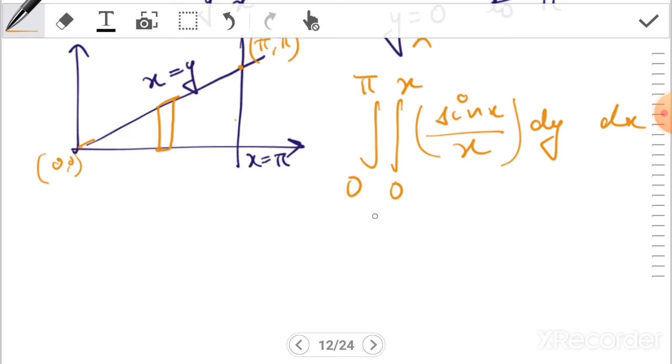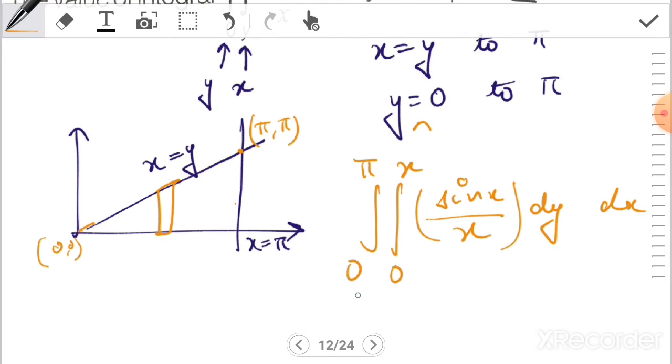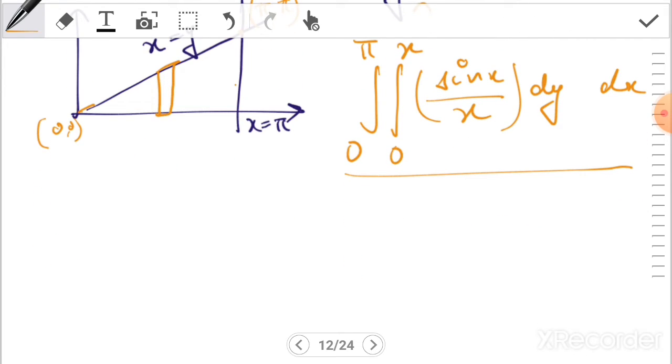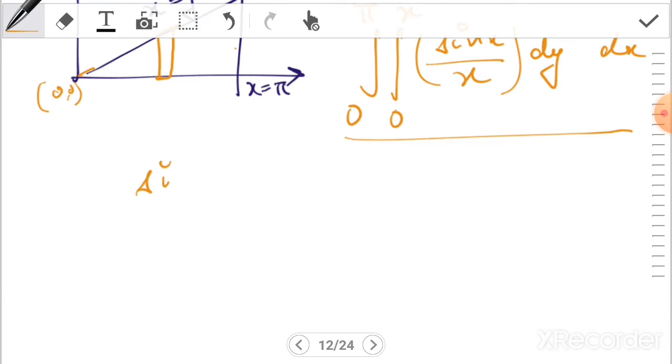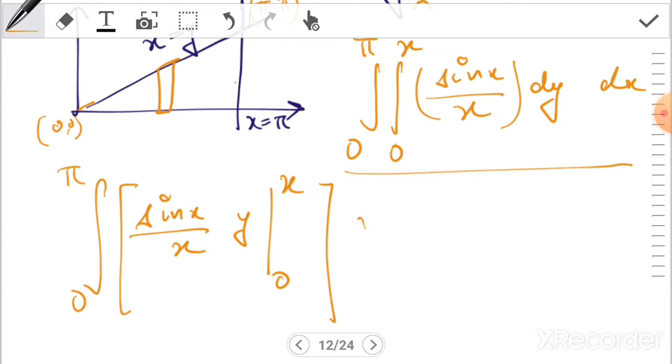Now let us evaluate this. First we have to integrate sin x by x with respect to y, keeping x as constant. So this will be sin x by x into y, 0 to x, and 0 to pi dx.